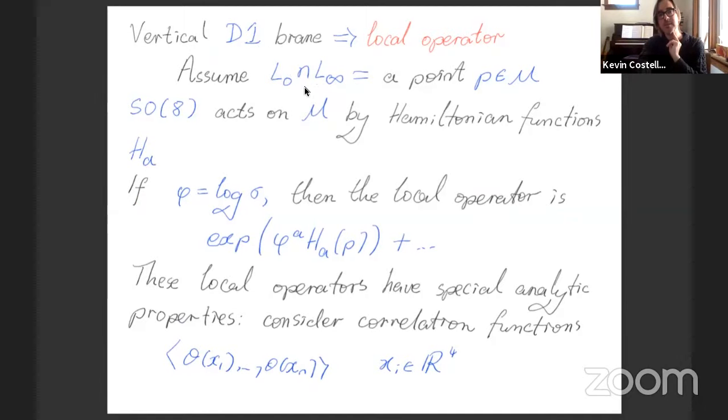If I assume that these two Lagrangians intersect at a point, then SO8 acts by some Hamiltonian functions on this minimal nilpotent orbit. You can calculate that the local operator looks like the exponential of the Hamiltonian functions evaluated at this point in the manifold times phi. And this is just the leading order, and then there's some kind of quantum correction to this, which I don't understand.